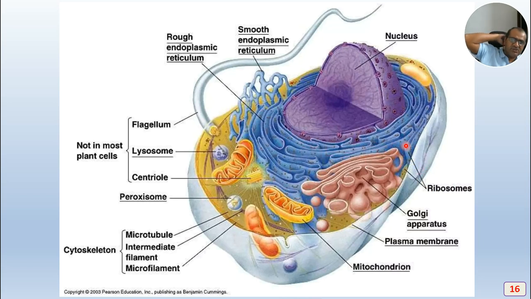The structures which are pointed out here are called the Golgi apparatus. So these are also involved in protein synthesis, whereas the outer coat is called the plasma membrane, and apart from this, the powerhouse of the cells are the mitochondria.